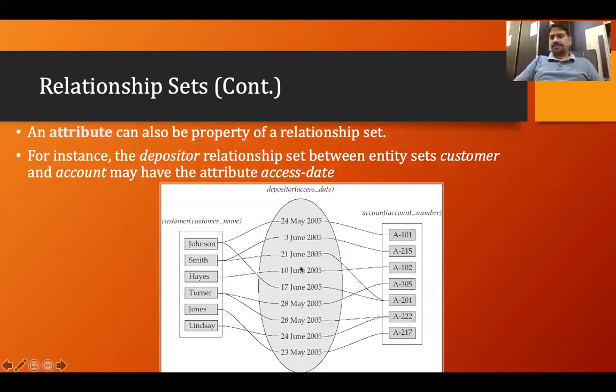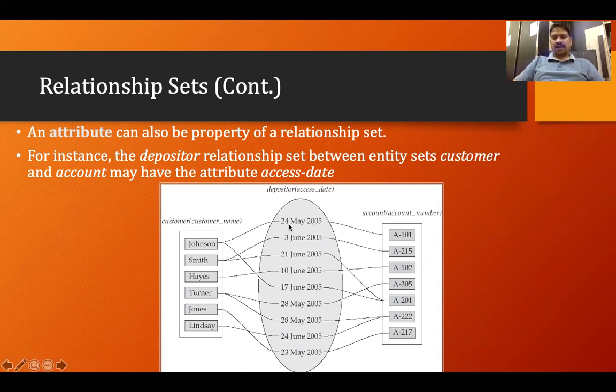Now this is another example about relationship sets. In the customer table, we have these customers, and in the account table, we have these account numbers. Johnson is a depositor on its account, and it is depositing on two days. It is depositing money on 24th May 2005, and it is also depositing money on 17 June 2005.